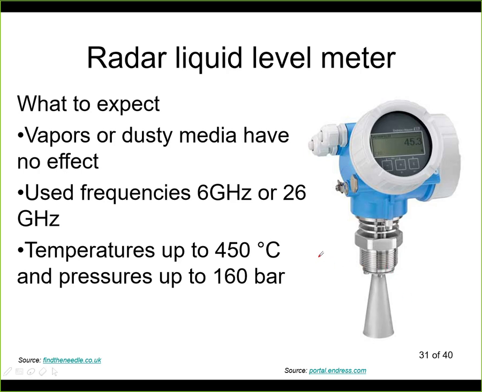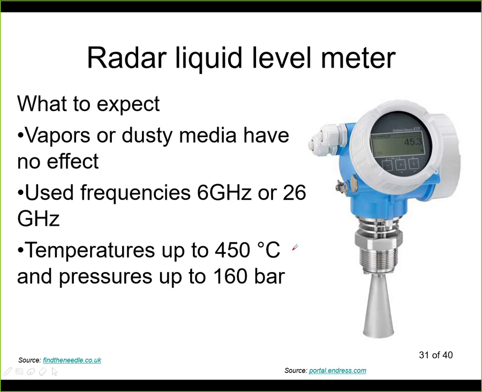On the other hand, this radar liquid level meter is quite complicated, and therefore it's quite expensive. If you compare, for example, the capacitive level meter, that might be something like $100, $200 US. This radar liquid level meter would be something like maybe $10,000 US.